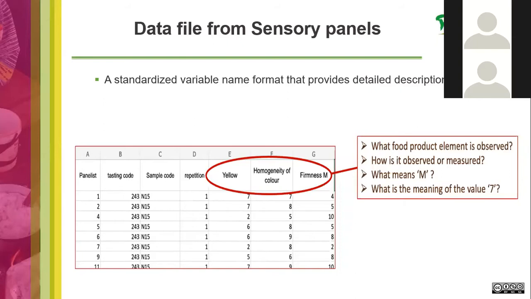From this slide, you can see that it is difficult to obtain meaning from such a data set. For example, you may ask what kind of food product or food element was observed, how it was observed or measured, what does M mean, or what is the meaning of value 7 or 6. So it is very hard to obtain meaning from such a data set.